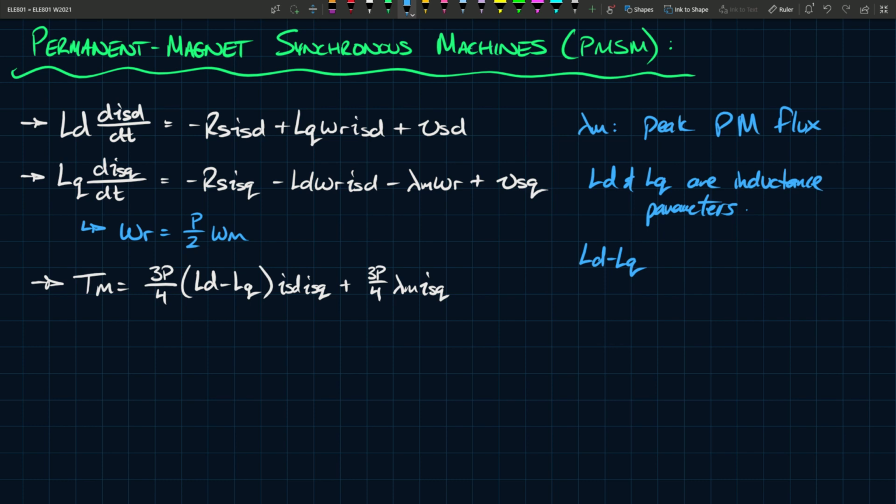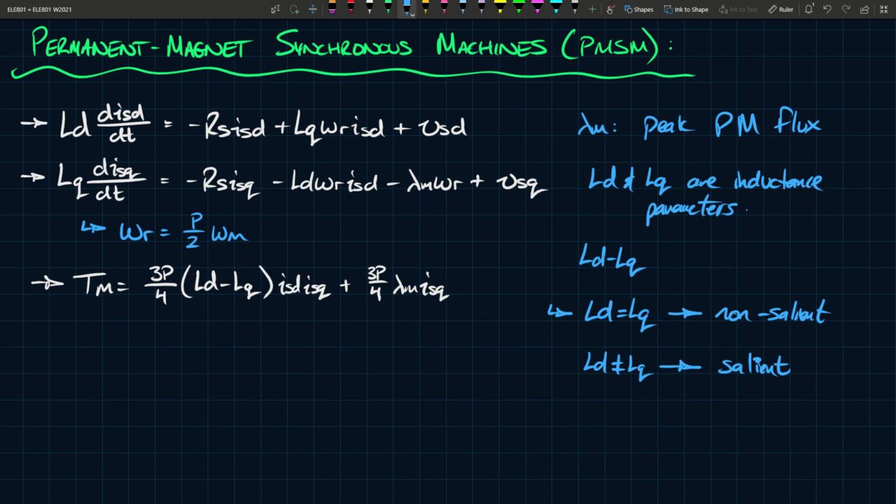Now when LD equals LQ, this is non-salient. And when LD does not equal LQ, this means it's salient. This is just a way of categorizing and quantifying machines.